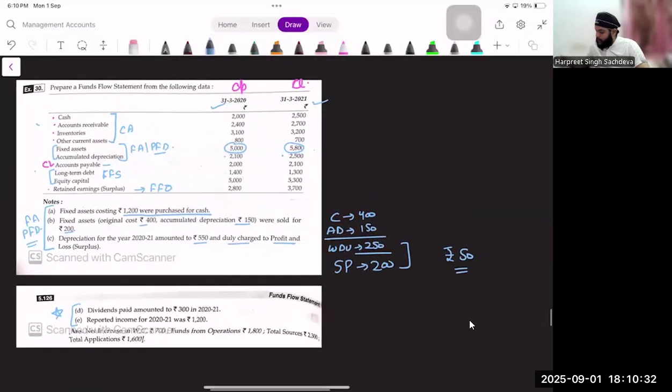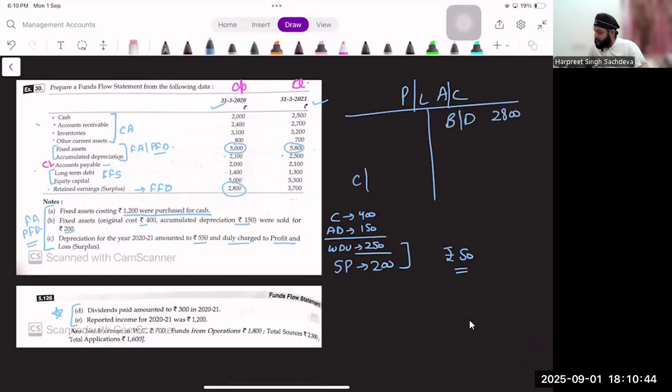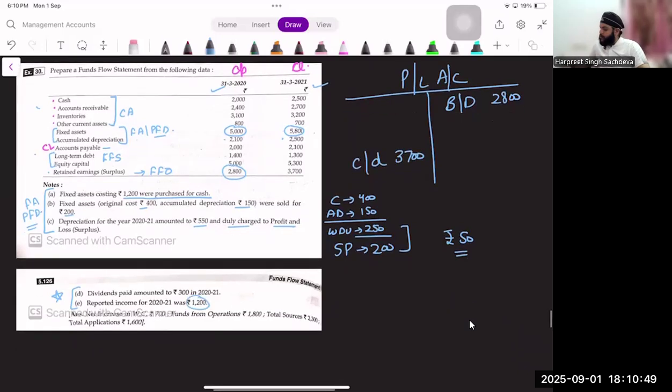Listen one thing. If we prepare the profit and loss account, what's its opening balance? 2800. Closing balance 3700. And your reported income, your net profit, the increased surplus this year, is 1200. Means your total profits were 4000 now, but they are remaining at 3700 rupees.